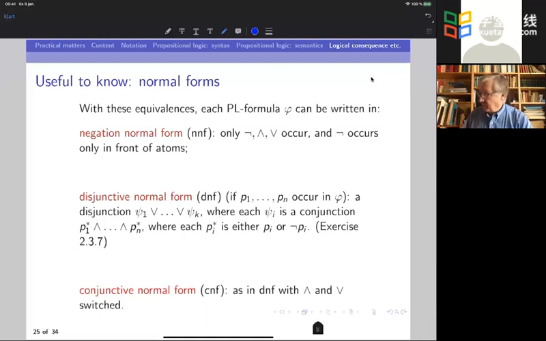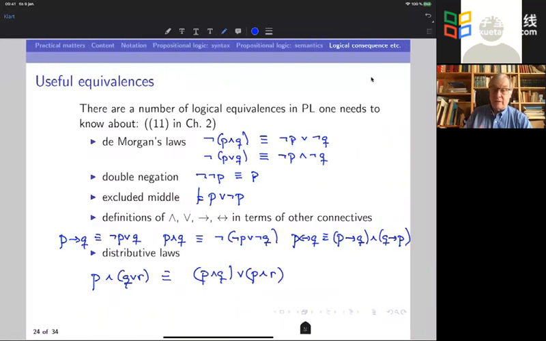If you take a look again at the equivalences that we have, you can see how this works. The De Morgan laws, as I said, allow you to move negation inside a conjunction. But first you would eliminate the implications, by the definition of implication in terms of negation and disjunction, which we have here.